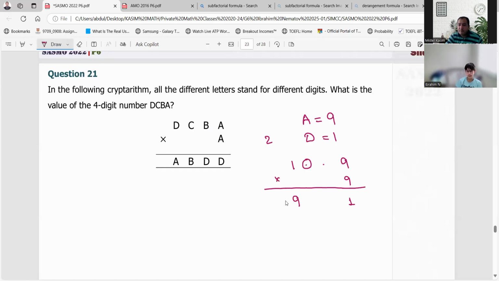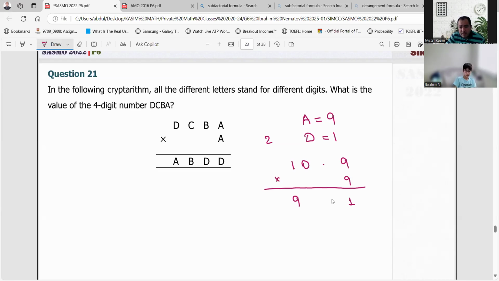No. The only choice for this number must be 0, right? It cannot be 1 because I have already used 1. It cannot be equal to 2 because if it is 2, we have a carry over and the first digit cannot be equal to 9. So it must be equal to 9.